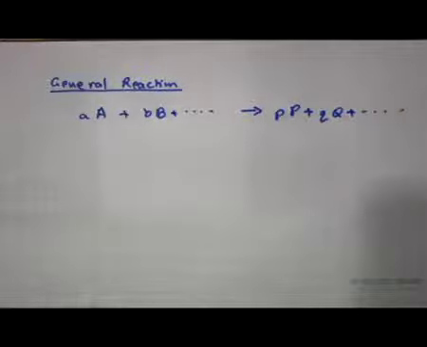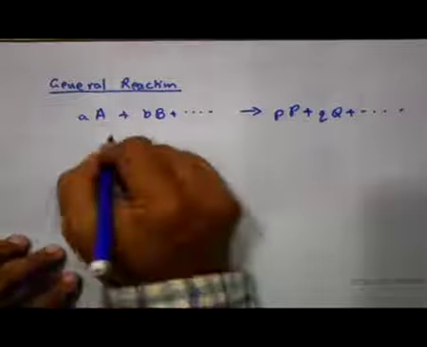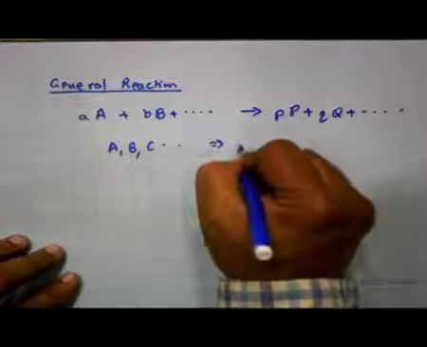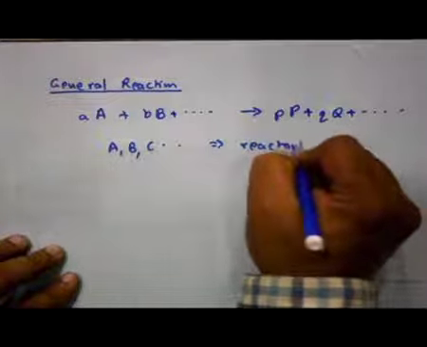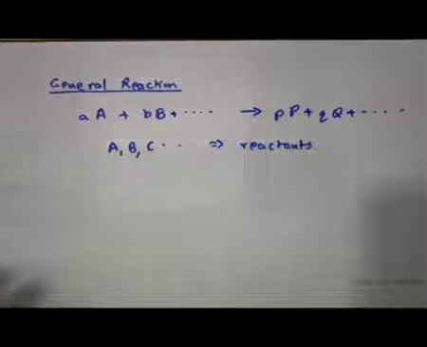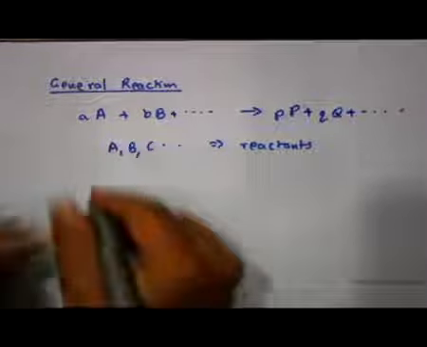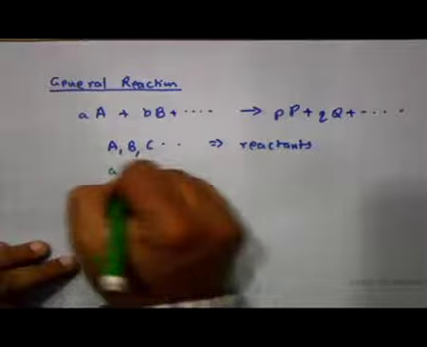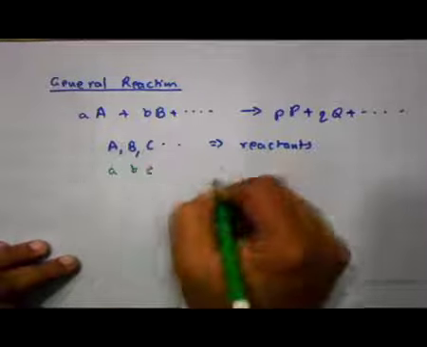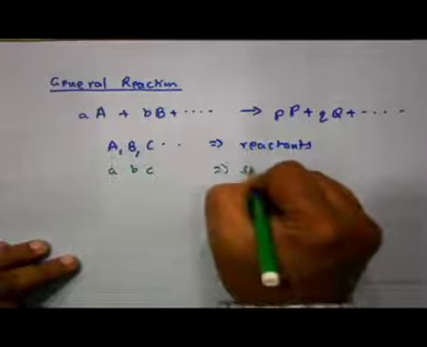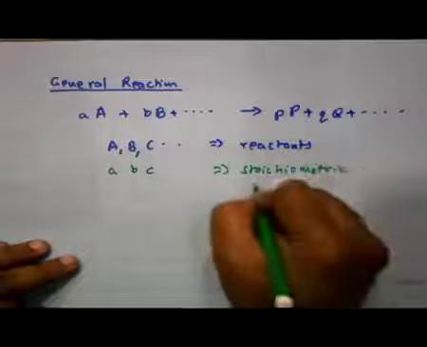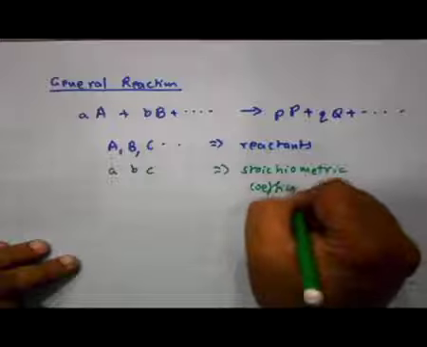So, this is a very general representation of a reaction. A, B, C and so on are the reactants. Then small a, small b, small c are the corresponding stoichiometric coefficients.